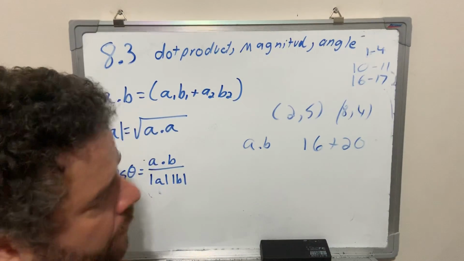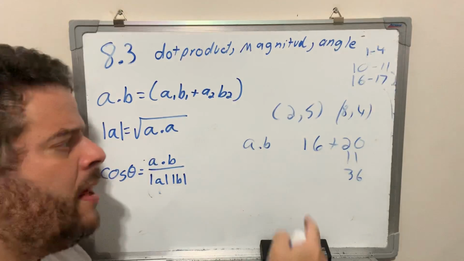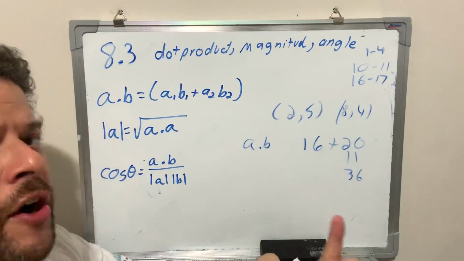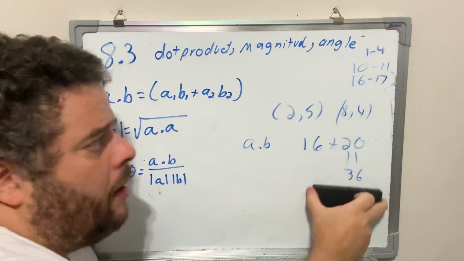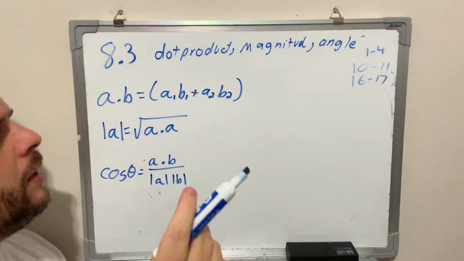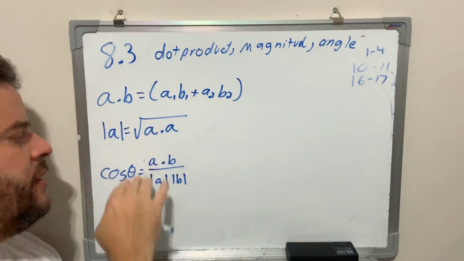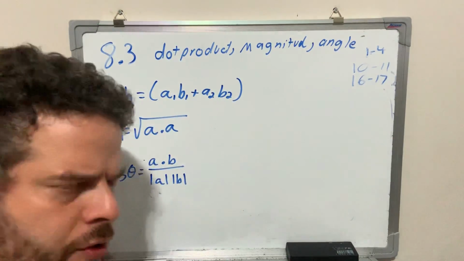I end up with 36. That is a non-zero number. That means these two vectors are not perpendicular. That's it for dot product. Pretty straightforward, pretty simple. And one thing to note, you need to know these two because the last one is pretty much almost a combination of the previous two.